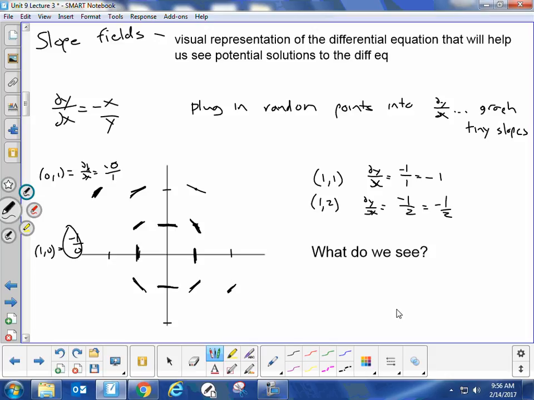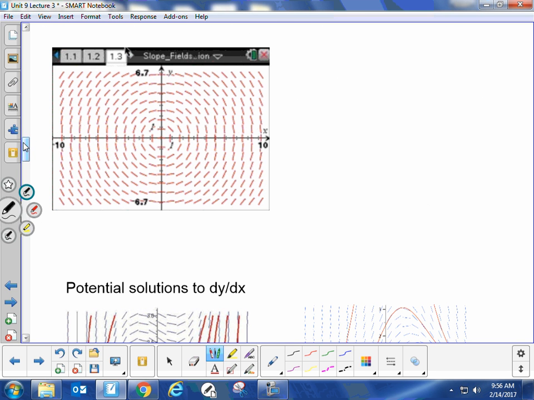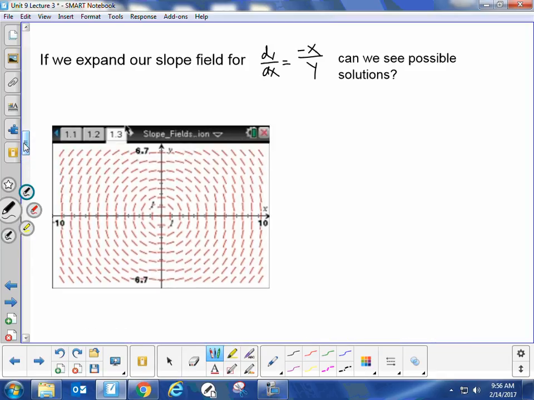And this one? Nope. I was a little off. Zero. 1/2. Okay, and we can continue to go until we see that. Okay, that's the slope field for negative x over y at a lot of different points.